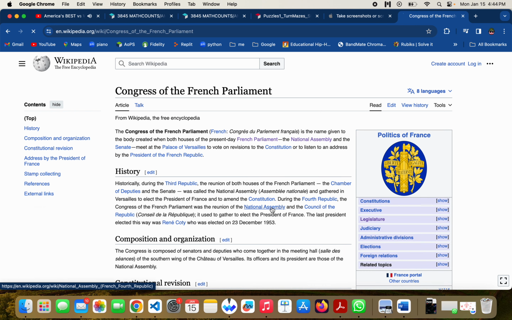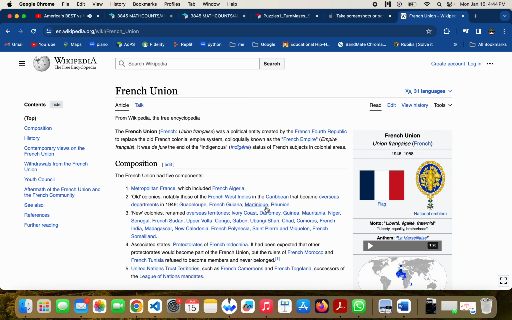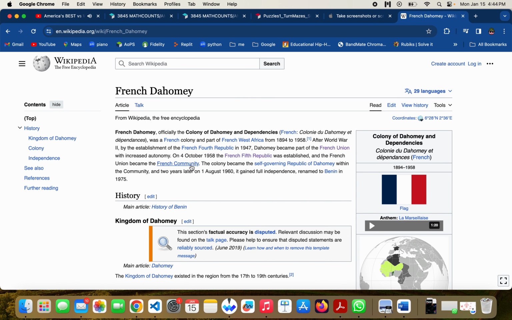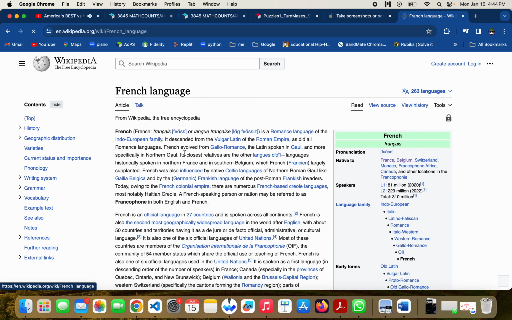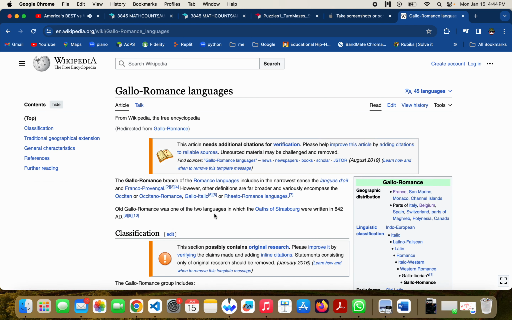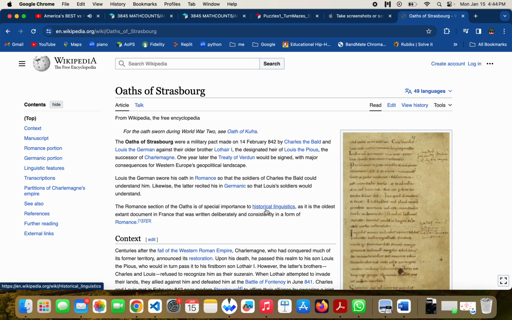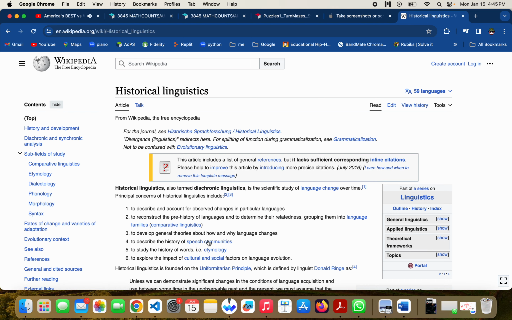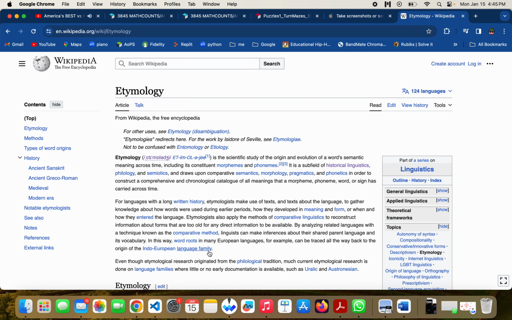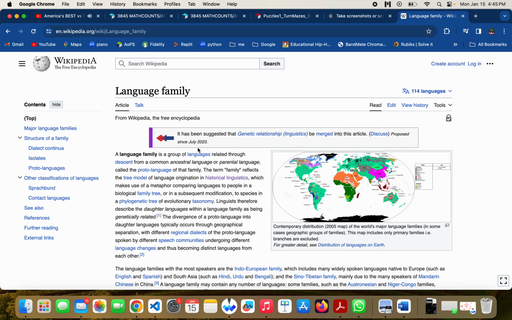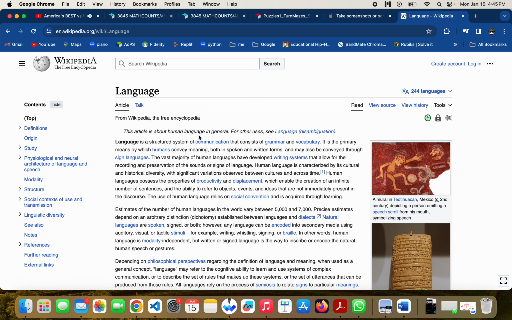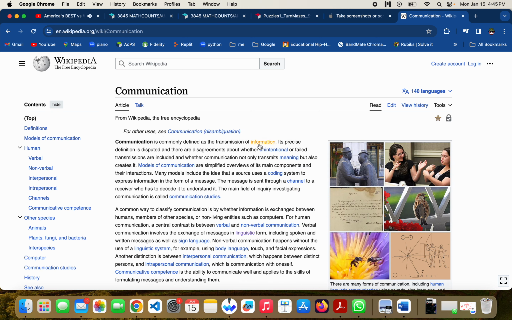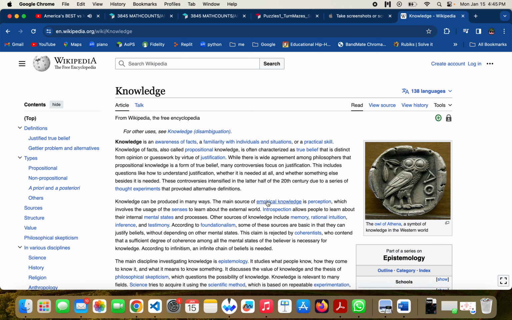You can keep going in any direction. Last time I did this, I did not get into this direction. We're still on France. Now we're on etymology. Now we're on language family. Now we're in the definition of language, knowledge.